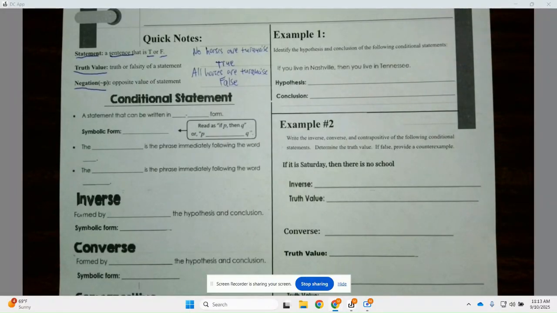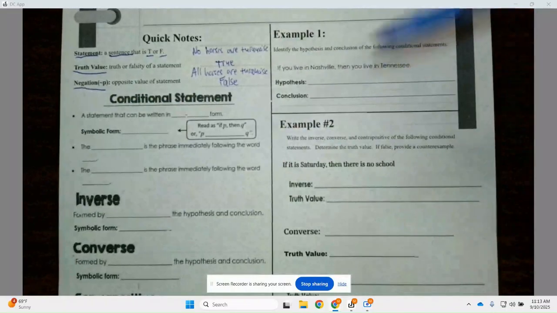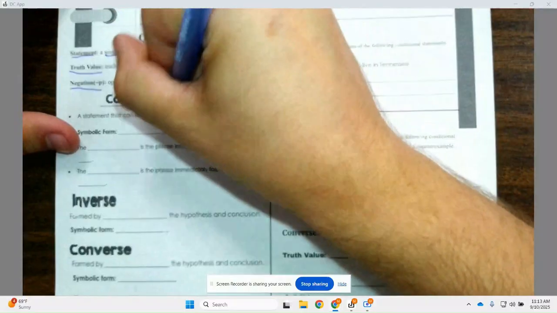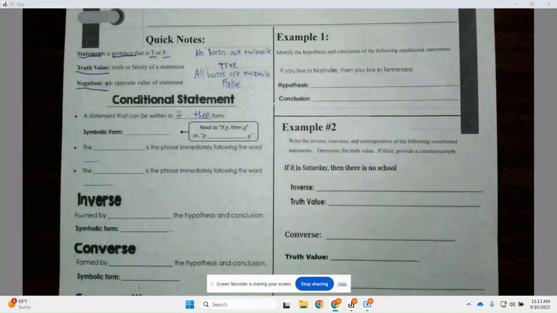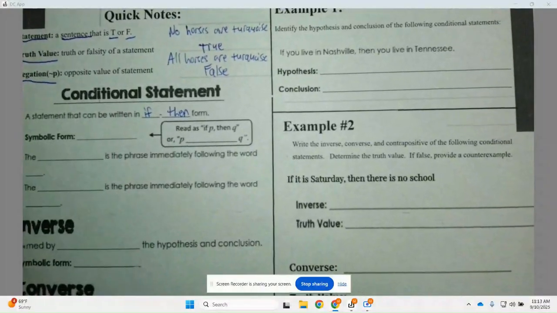And this lets us do a lot with conditional statements, okay? In the course that we're taking in geometry, what we're going to end up doing is showing that every statement that we can make can be written in the form if, then. If something happens, then there's something else that happens.